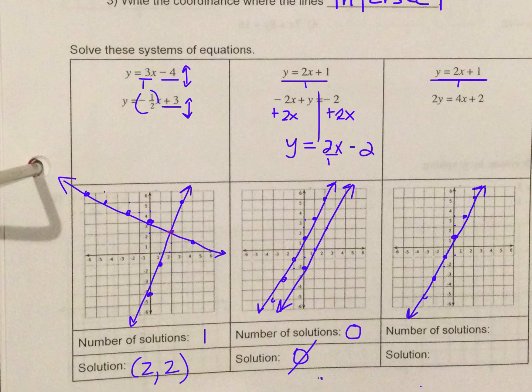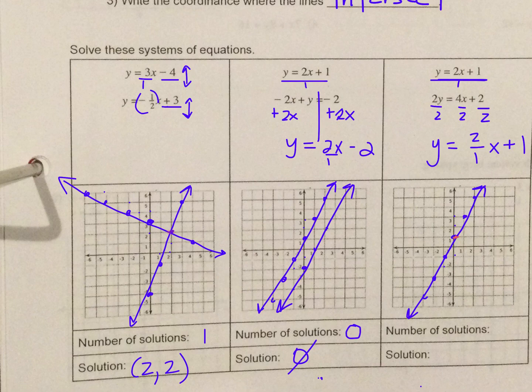Now, this is not y equals mx plus b. I have to divide everybody by 2, which gets me the y by himself, which is what I want, 2 over 1x plus 1. So let's graph that one. So I'm going to go up 1, put a dot.